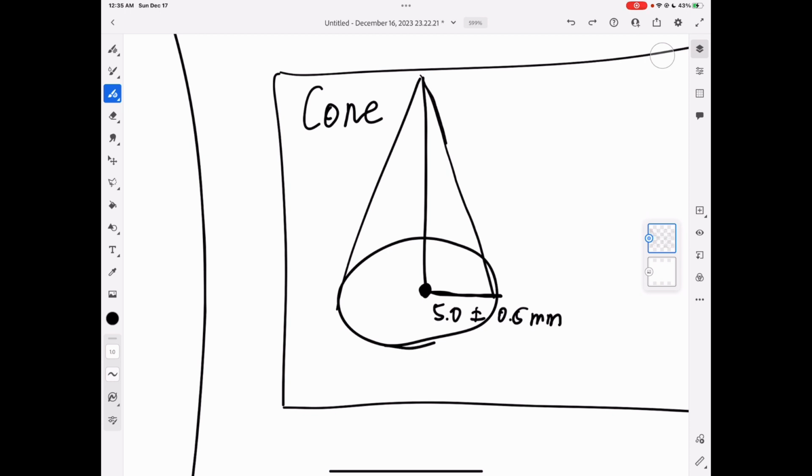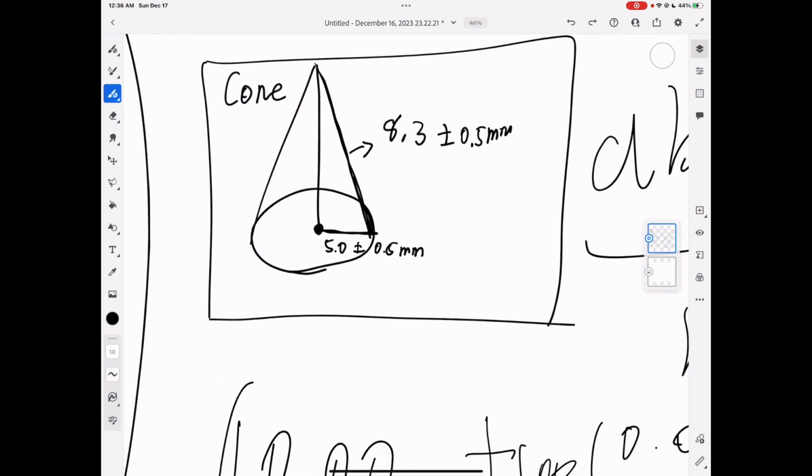And let's say this slant over here is, let's see, what's a good number? 8.3 plus or minus 0.5 millimeters. So the goal is to find the volume and express your final answer with the correct sig figs and the correct uncertainty.